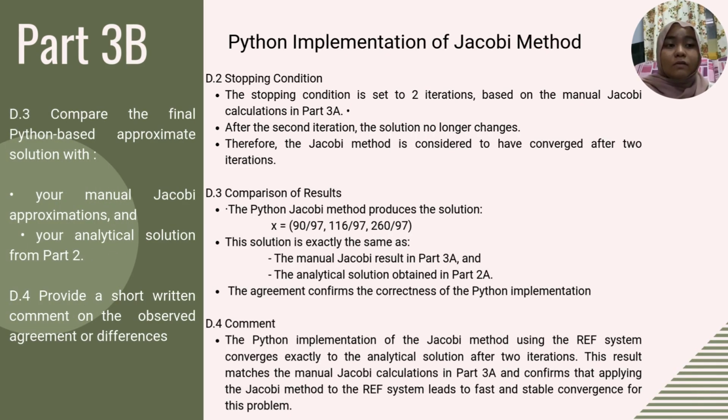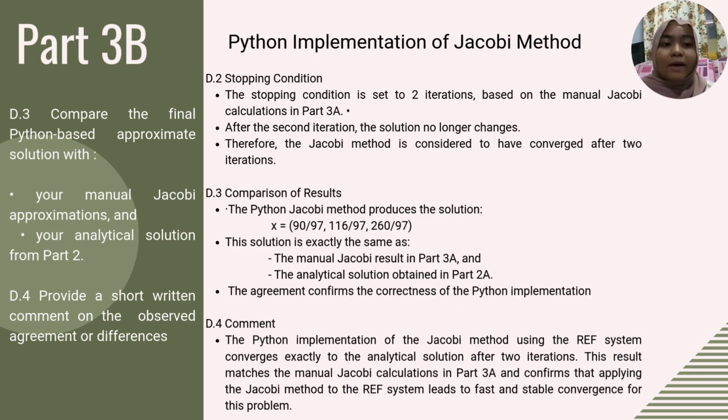The stopping condition was set to 2 iterations because from the manual calculation, the solution was observed to converge exactly after the second iteration with no further change in the values of x1, x2 and x3.